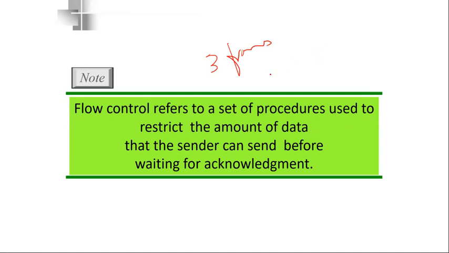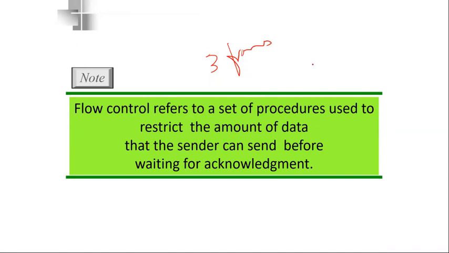So in most protocols, flow control is a set of procedures that tells the sender how much data it can transmit before it must wait for an acknowledgement from the receiver. The flow of data should not overwhelm the receiver. The receiver should be able to process the data, because any receiving device will have a limited speed at which it can process the incoming data.